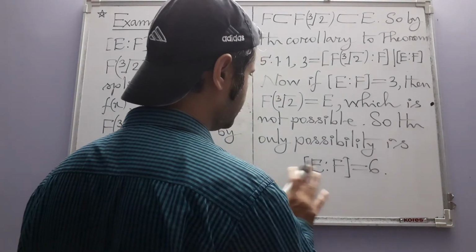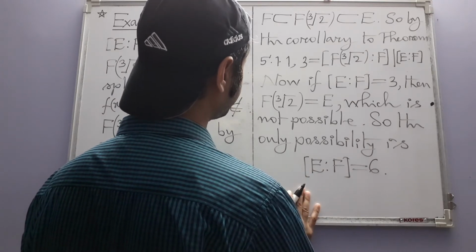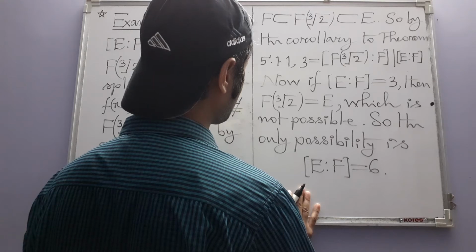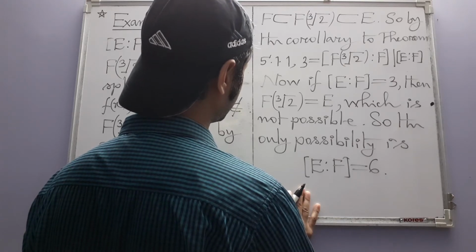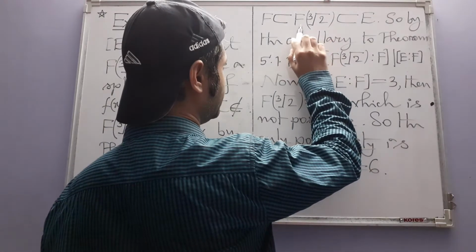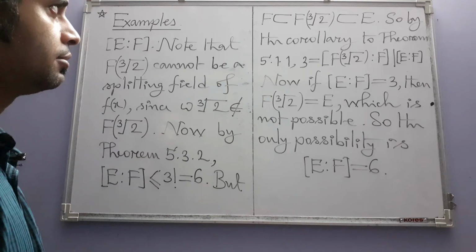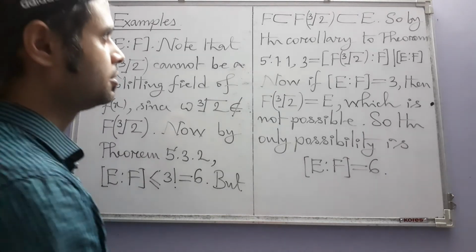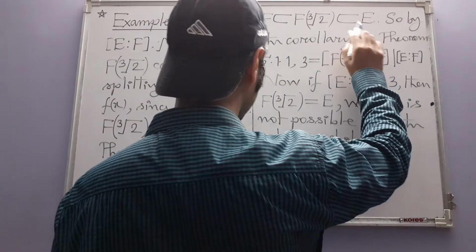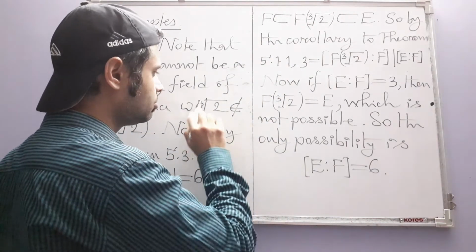Is there any other gap that I may have left? No, I think it's okay. Oh, by the way, do you realize why F(cube root of 2) is actually contained in E? That is because E, being the splitting field of our polynomial, must contain cube root of 2.